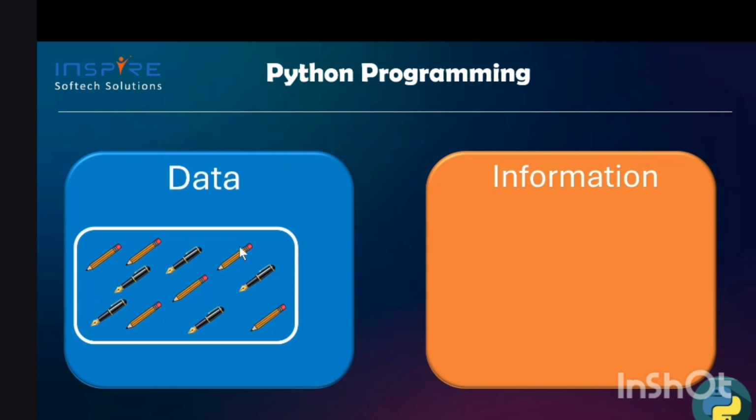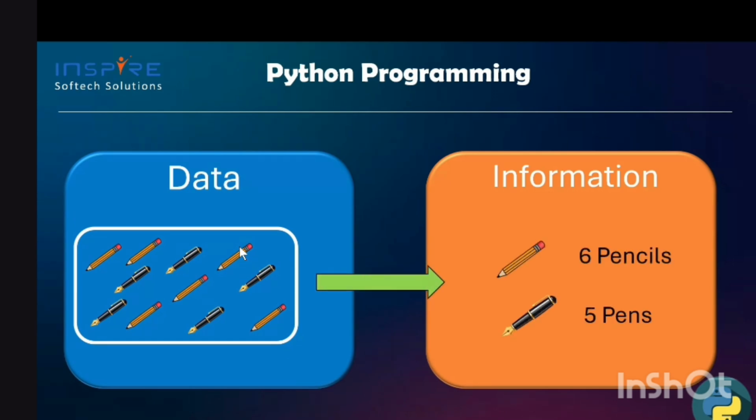Now we can see information. Information we also have to make in such a way that it is arranged. Arranged means it easily looks good, like how many pencils we have, how many pens, if we want to count them.